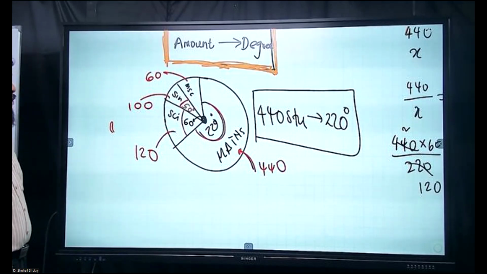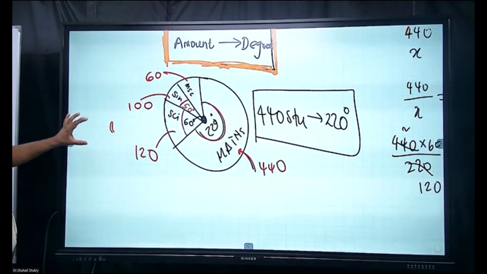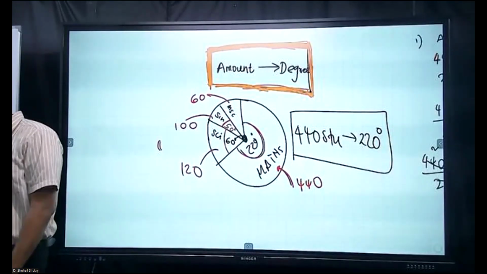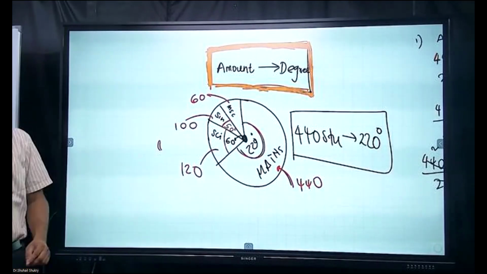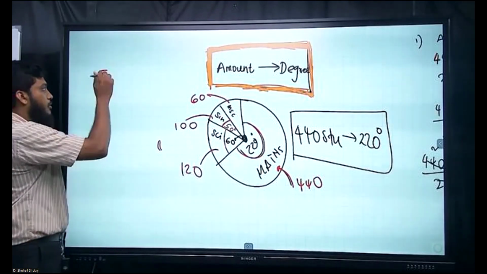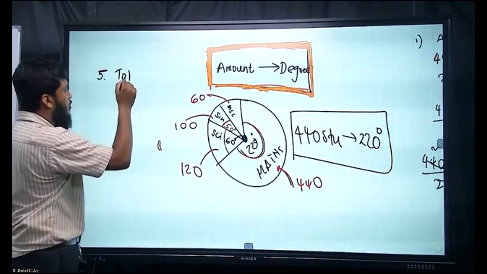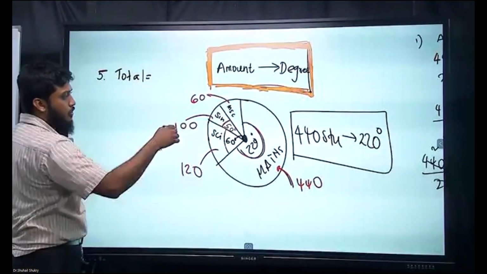Okay, first of all, we'll see how many total are there. Count and see how many total members are there. Information sticker, no need to write actually. I'm writing for your knowledge. Number 5. Tell me how many are total. Total is how much?